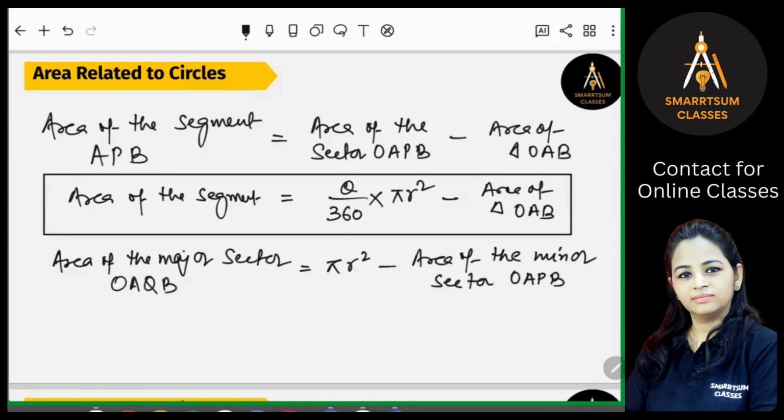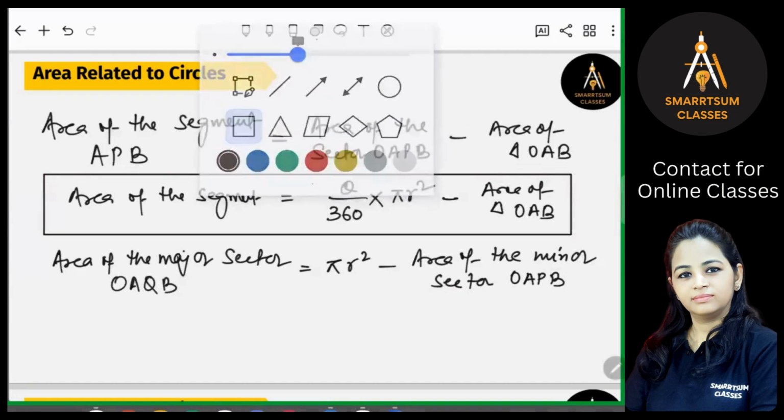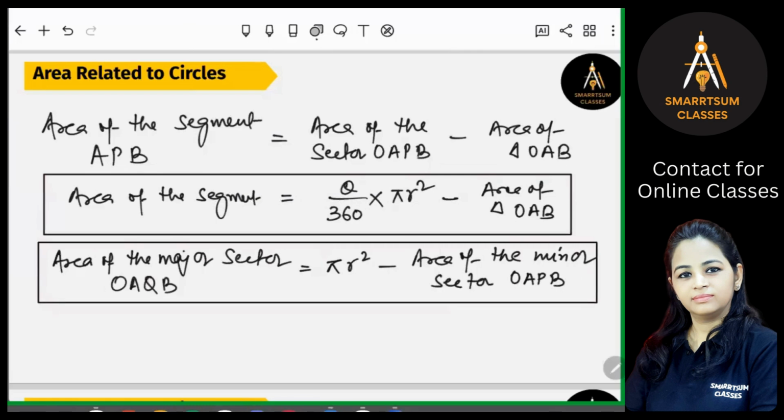So if we want to find the area of the major sector, we will subtract the area of the minor sector from the total area of the circle, that is pi r square, right? So if we do so, we will get the area of the major sector.